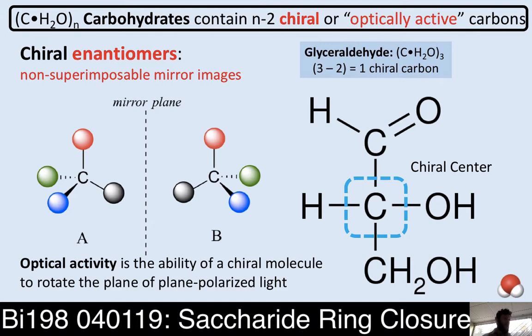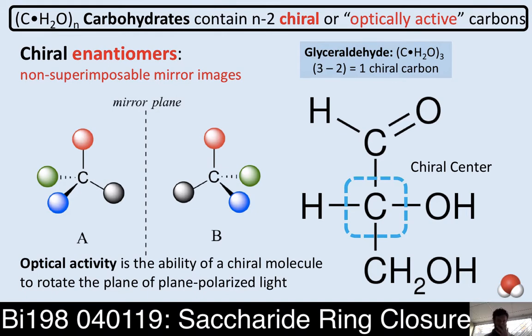Glyceraldehyde has a chiral center. If you look at that carbon, in the 4 directions that the bonds point, each of those directions is pointing towards something that's different and unique. All right, and we could have a different arrangement of those. Yep, that's right. So, for example, the hydrogen to the left and the hydroxyl group to the right could be switched, and it would be a non-superimposable mirror image.